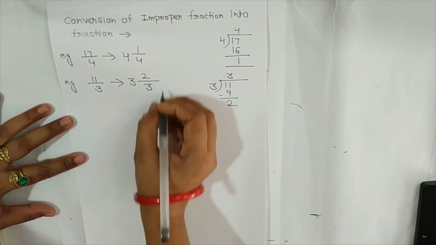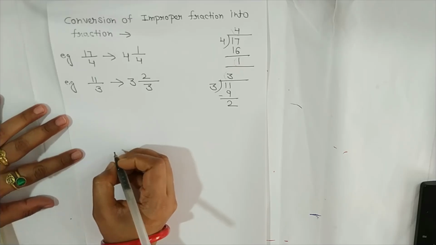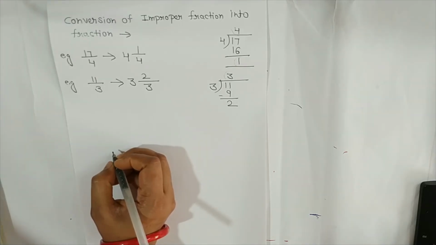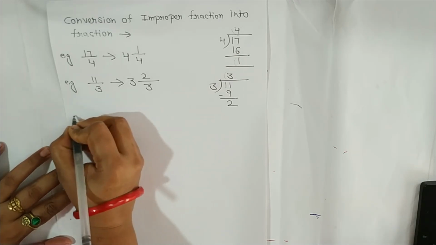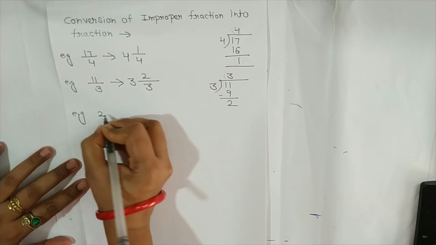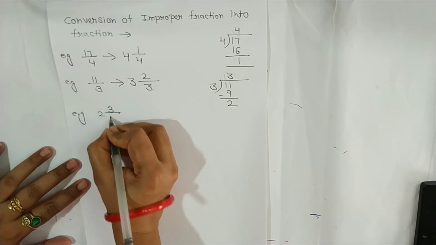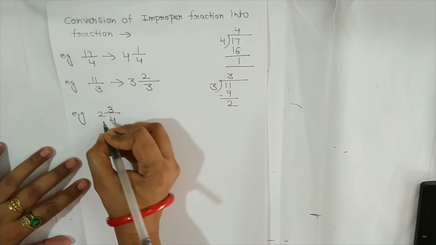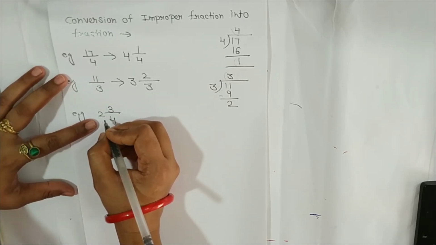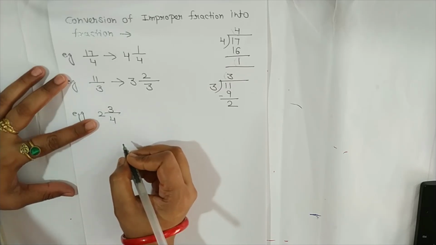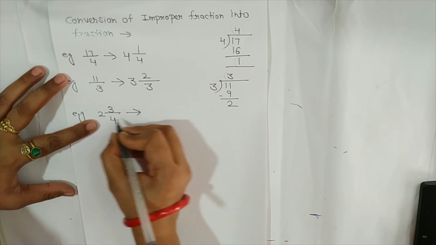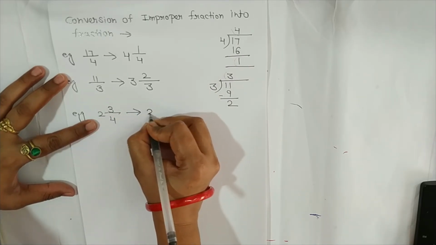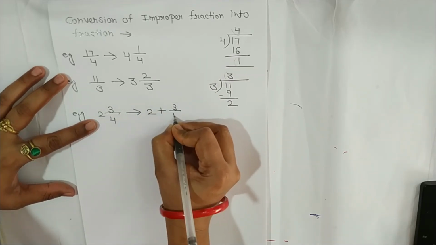Now we have to convert a mixed fraction into an improper fraction. Okay. So 2 3 by 4, this is the mixed fraction. Now we have to convert it into an improper fraction. Okay. So there are two ways. First, the mixed fraction can be written as 2 plus 3 upon 4.